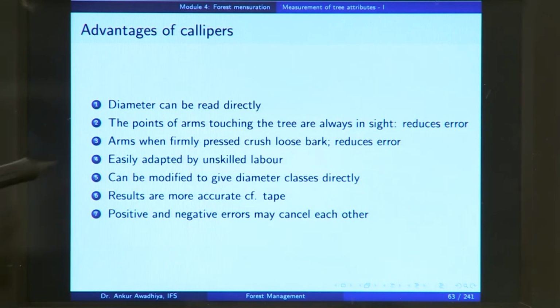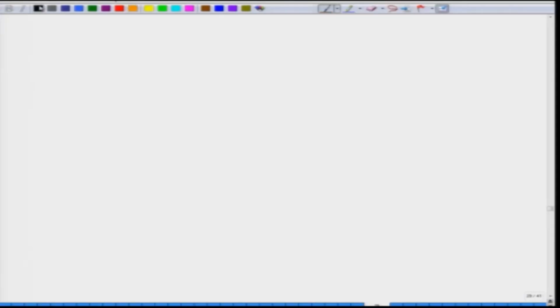It can also be modified to give the diameter classes directly. Now, what that means is that in a number of situations, we do not need the exact diameter. So, here you have the calipers, this is the fixed arm, this is the movable arm, and what you want is a diameter class.